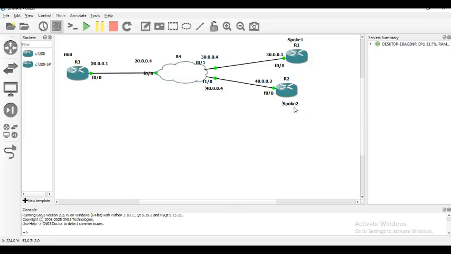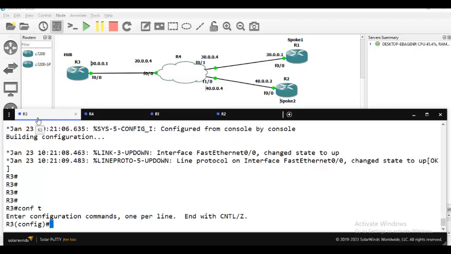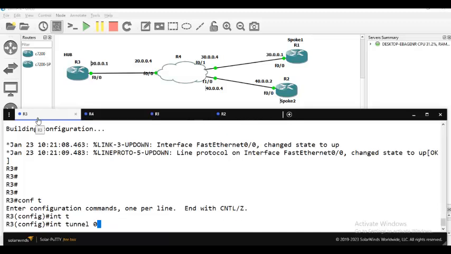Now we will start the DMVPN configuration. On R3, interface tunnel 0. IP address, I'm giving a private IP address 10.0.0.1. Sorry, on hub I'm going to say 10.0.0.3 and 255.0.0.0.